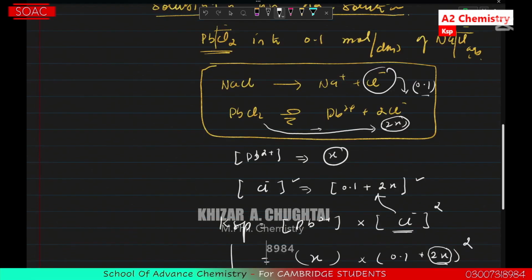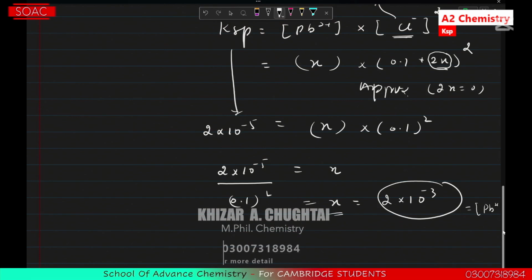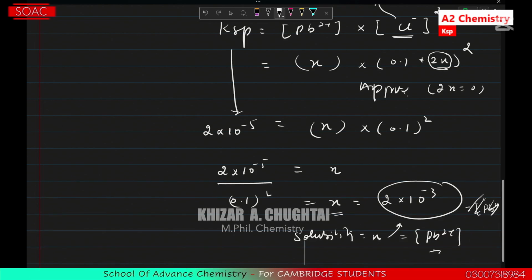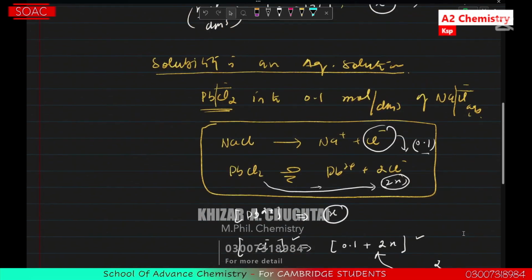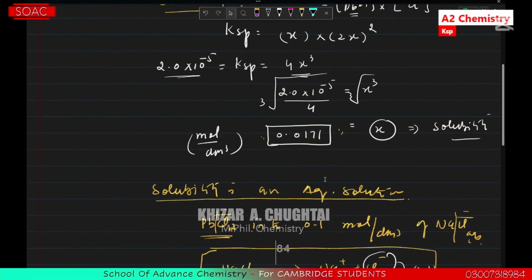And similarly, this X is the solubility. Solubility is also equal to X, and this X is also the concentration of Pb2 positive ion. So in this case, we can find the solubility of a compound in any other solution.